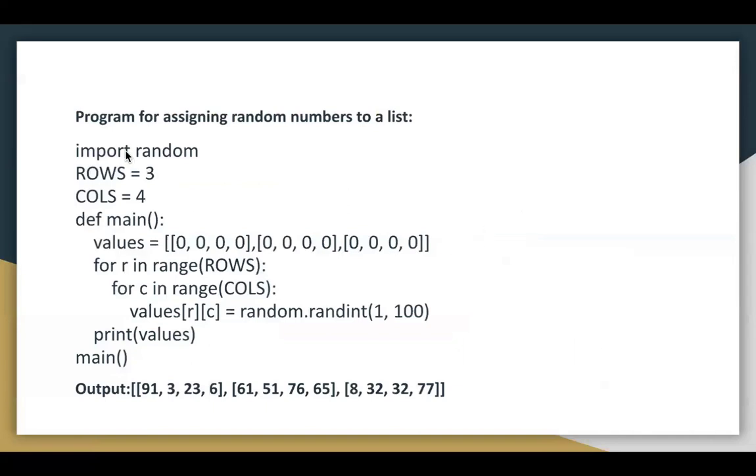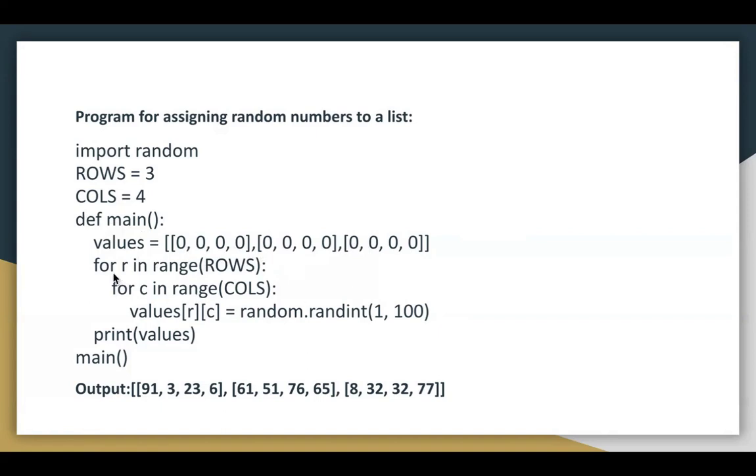And here I am explaining with the help of a program. So import, for generating random numbers, we know that we have the random module. So import random, rows is equal to 3, columns is equal to 4, we assign the values 3 and 4 to the variables rows and columns. We are defining a function main, and we are assigning a list. We are assigning 3 lists in the list of values like 0, 0, 0, 0.